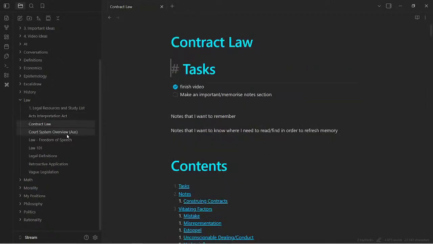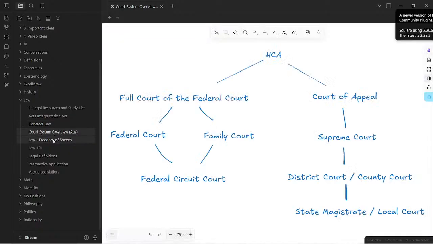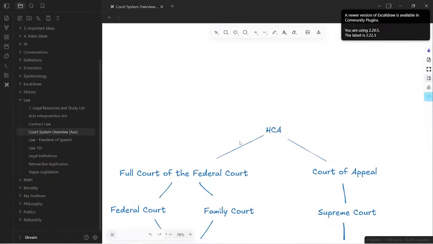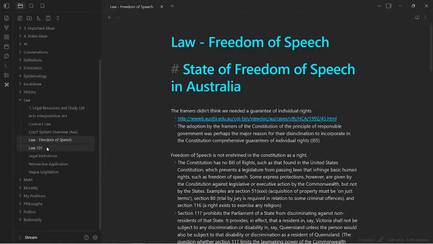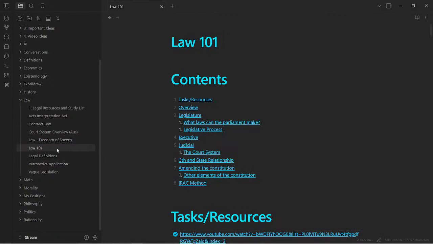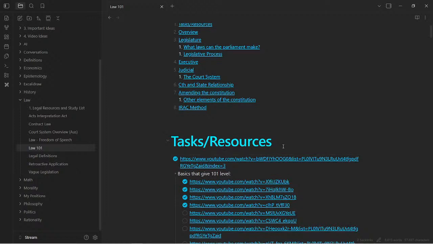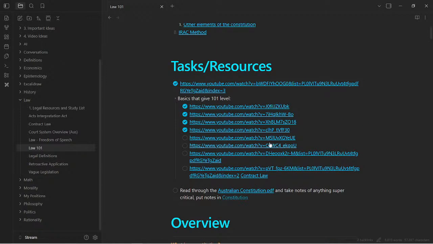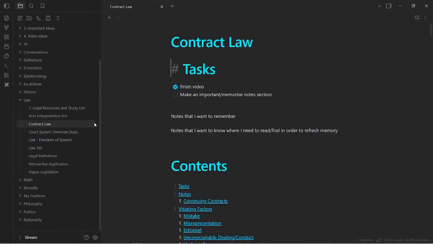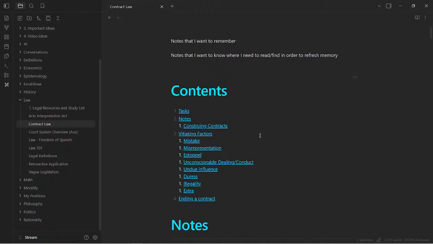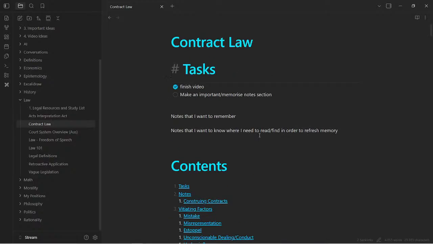How am I going to organize this? I've done that one. Okay.